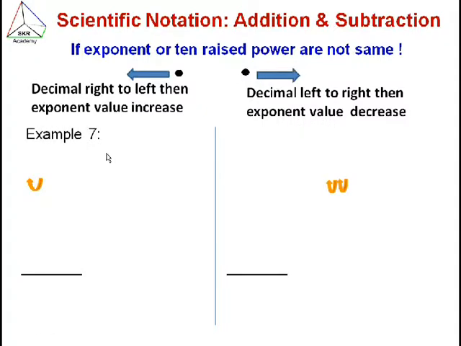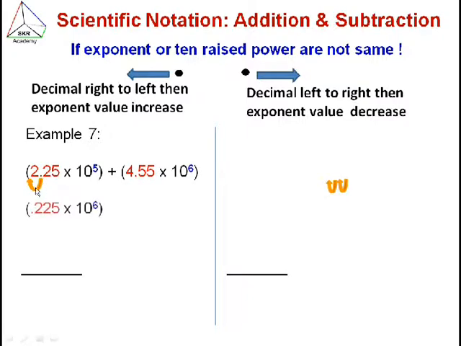So let's take example number 7, where we are going to add 2.25 times 10 to the power 5 plus 4.55 times 10 to the power 6. Here you can see the powers of 10 are not the same. So first we have to make these powers the same. How will we do that?